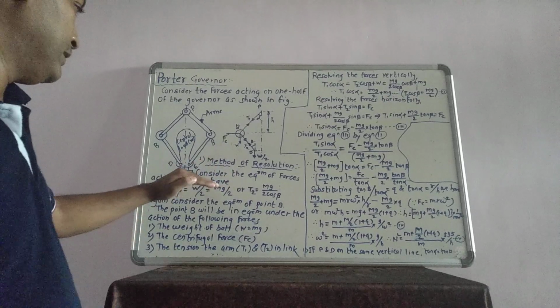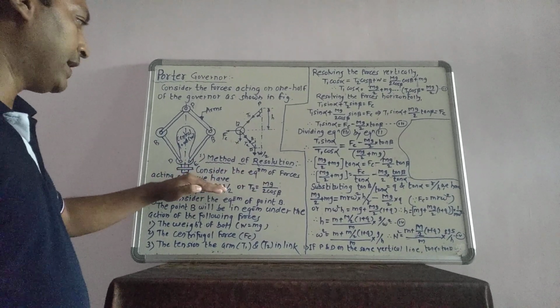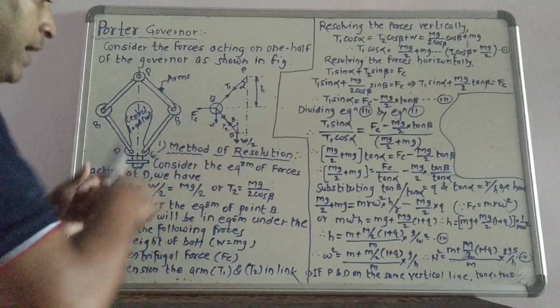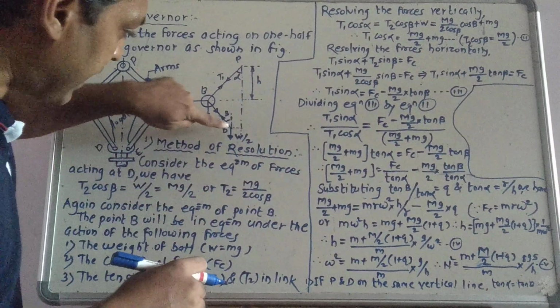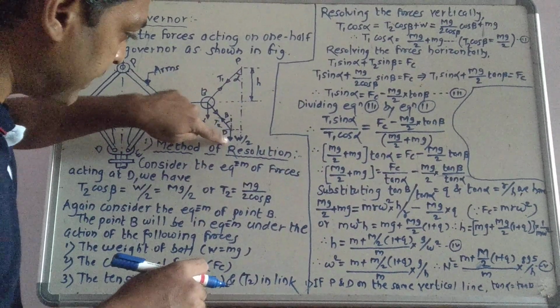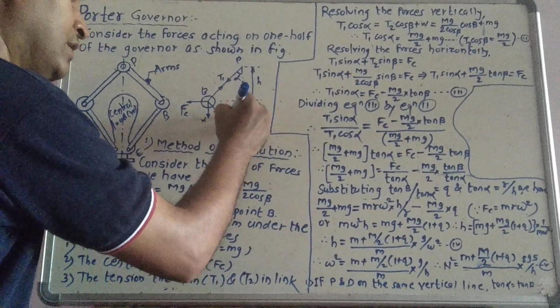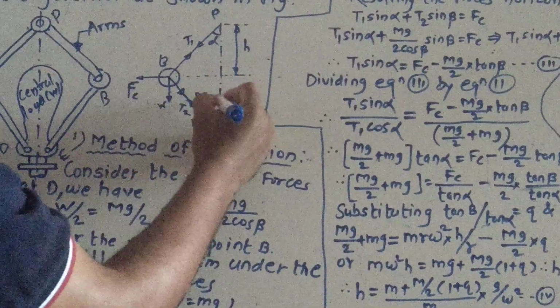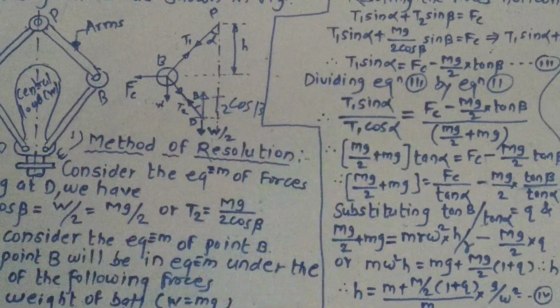So in this case, just consider the equilibrium of the forces acting at point D. If I consider the forces acting on this D, in downward direction it is W by 2, and in upward direction it is nothing but the component of this T2 in vertical direction, that is T2 cos beta.